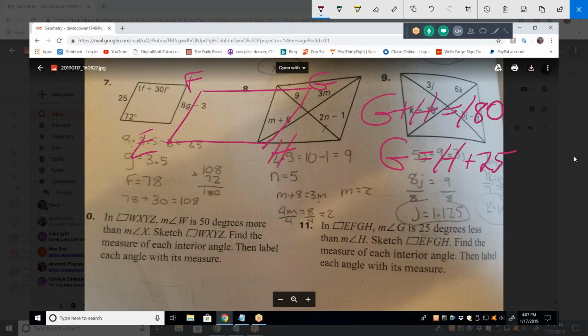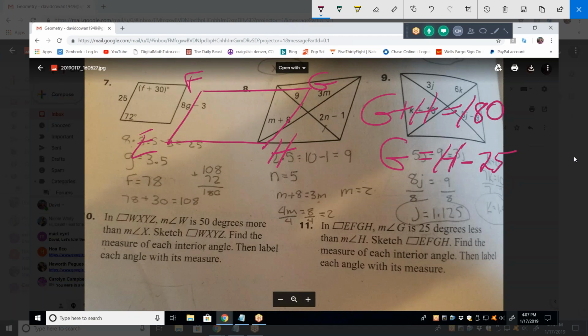No, excuse me. G would be 125 if H was 100. So G wouldn't be 25 degrees less. So I got the wrong sign on it. This has got to be a minus sign. Now, if H were 100, G would be 75, correct? Mm-hmm. So we know we've got the equations correct.